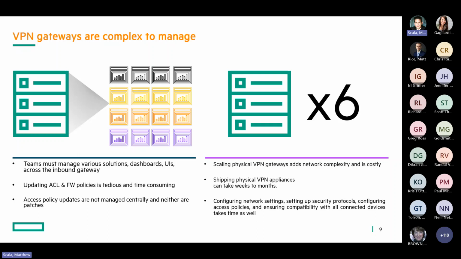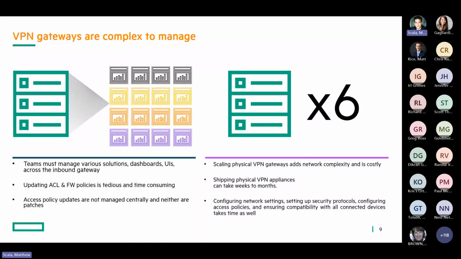For the IT administrator, these VPNs are complex to manage. If you think about just setting up, for example, my boss that wants to get on the VPN, I have to allow them, I have to know where they're coming from, I have to set up rule sets and policies. And of course, as his access requests and requirements change over time, I have to scale that.